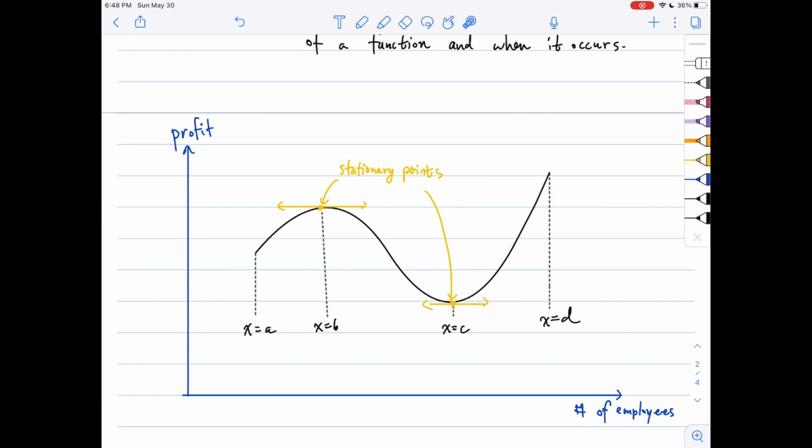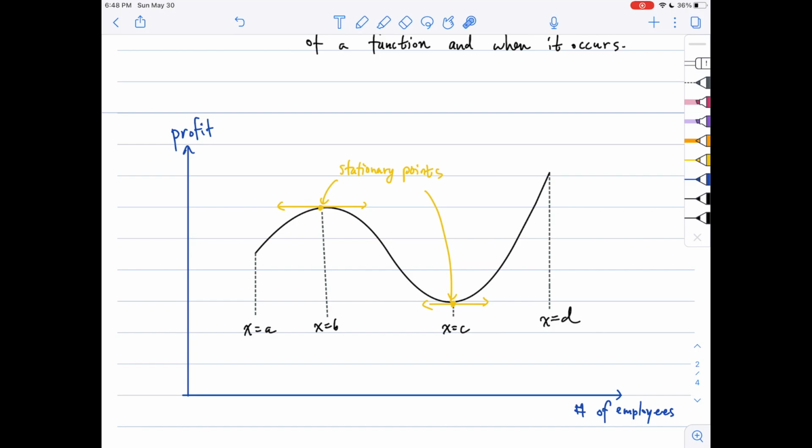If you're maximizing for a variable like profit, it might be a local maximum, it might be an endpoint. Similarly, if you're minimizing for a variable, it might be a local minimum, it might be an endpoint. And so you have to carefully decide which it is and why.